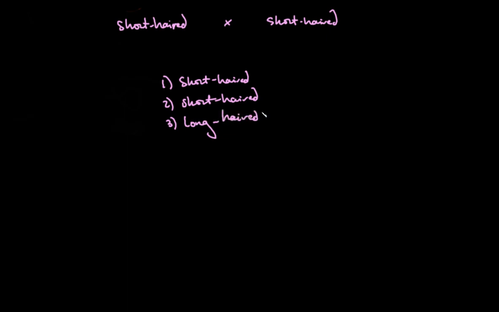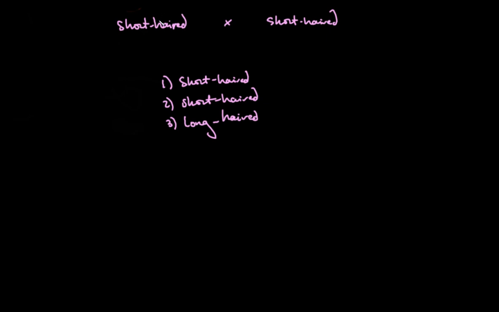And so what those sequences allow us to do is make some predictions about what kinds of mixes we must have gotten out of these parents. And so in order to get a long-haired Chihuahua from this mix means that the long hair had to have been hidden behind the short hair trait.